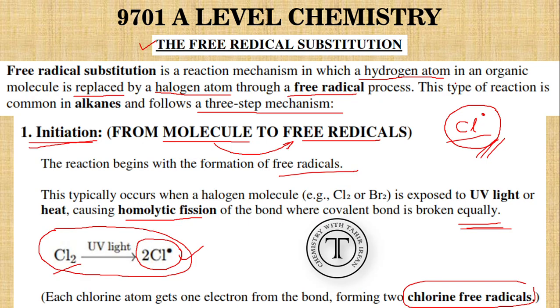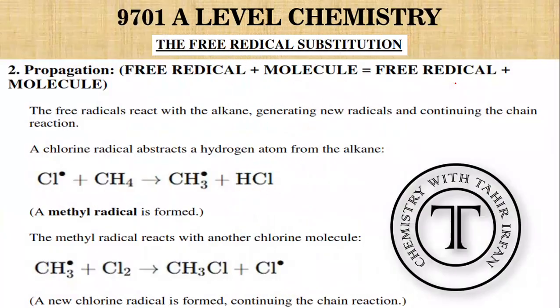Okay, let's move on to the next slide and see that in free radical substitution the second step is propagation. The hint to remember is that a free radical will react with a molecule, and in the product there will again be a free radical and a molecule. So free radical plus molecule gives us free radical plus molecule, as you can see in this example.